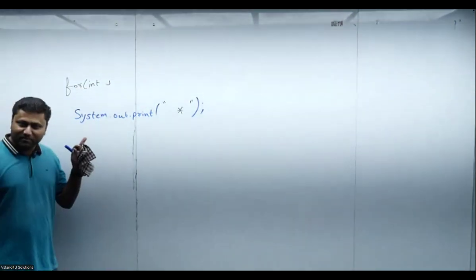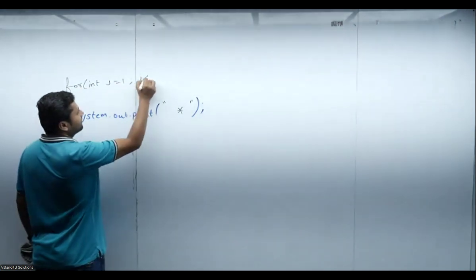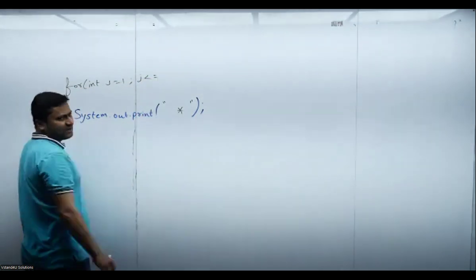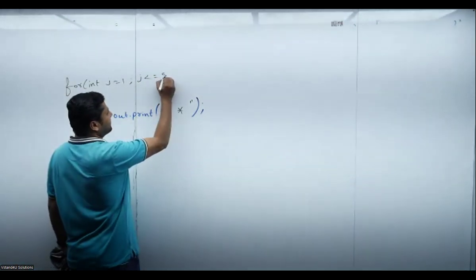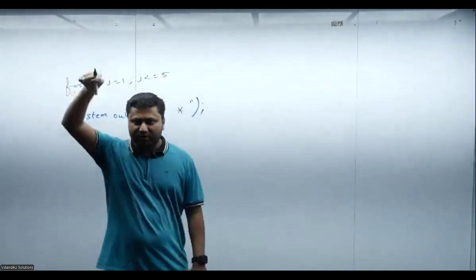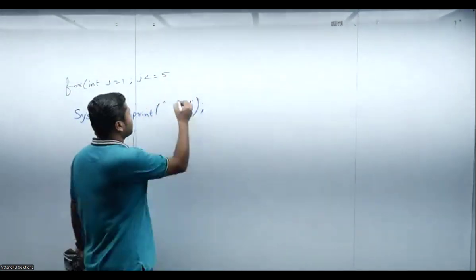If I take J, any problem? J equal to number of stars or some variable I would have taken. As of now, I'm keeping a hard-coded value 5. Although I know how to take the variable and replace the 5 with it. Okay, sir.